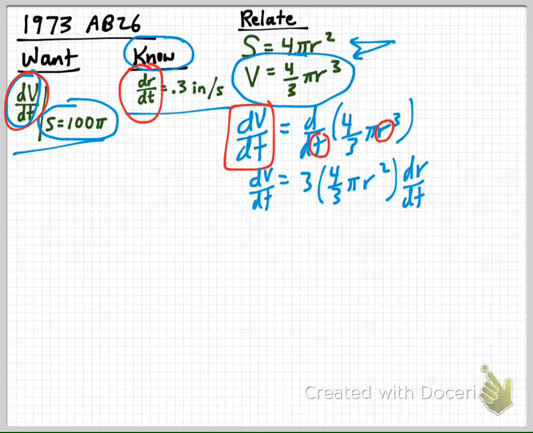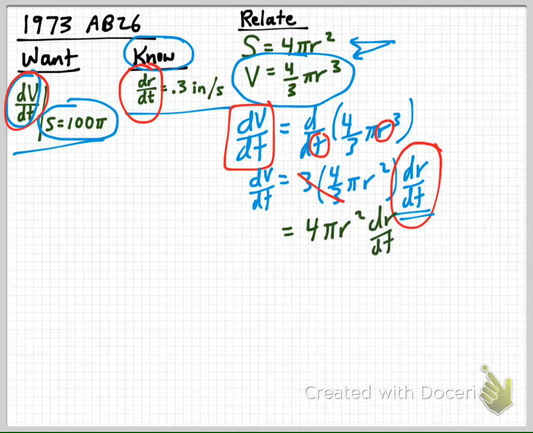Another safety net: if you're given dr/dt and you don't get a dr/dt in your new equation, that's a reminder that you need it there to really use the chain rule. Students sometimes forget the dr/dt, and when you see that it's missing, you go, oh yeah, I've got to have a dr/dt in there. I'm going to try not to say dr/dt anymore in this problem. Getting tired of saying it.